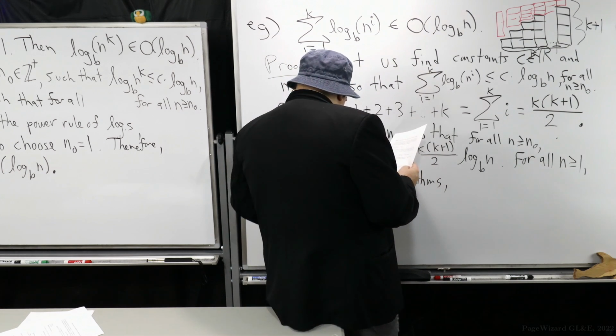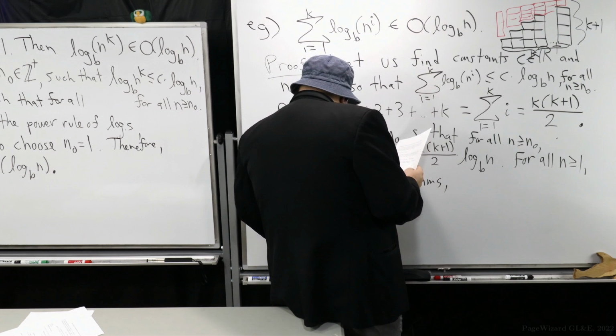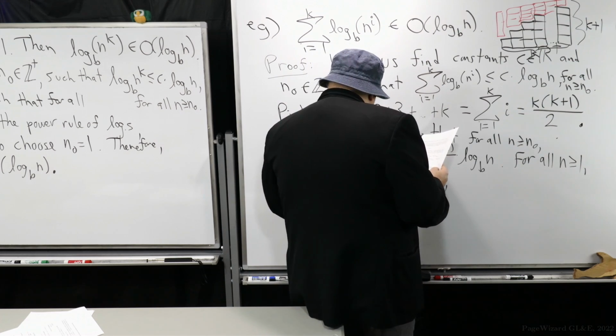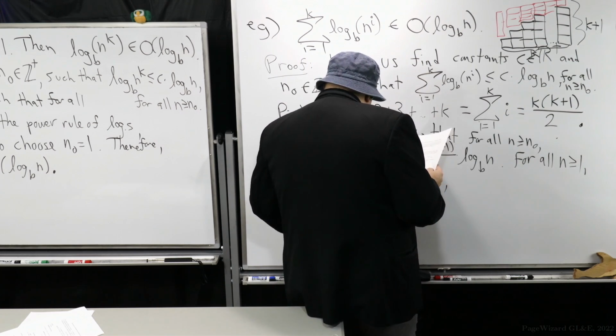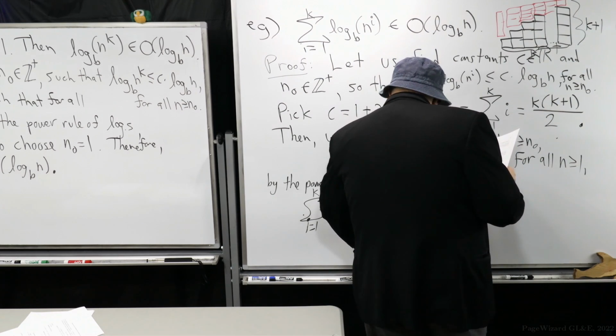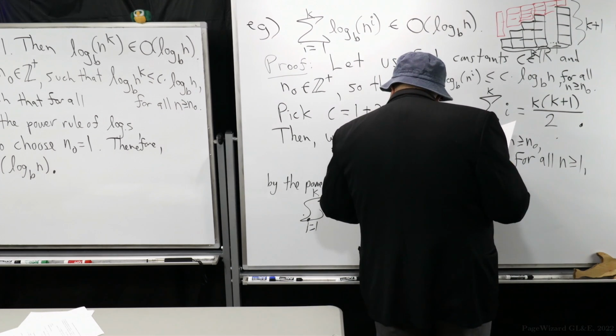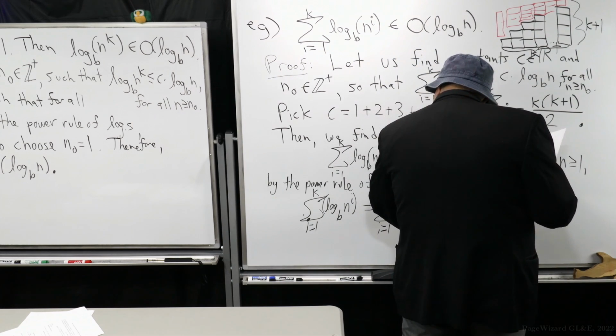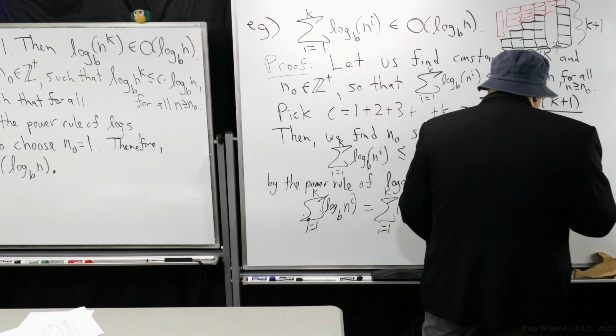Well, the sum from i equals 1 to k of log base b of n to the power of i. Each one of these, I just pull the i out front inside of each summand. So I have i times log base b of n.